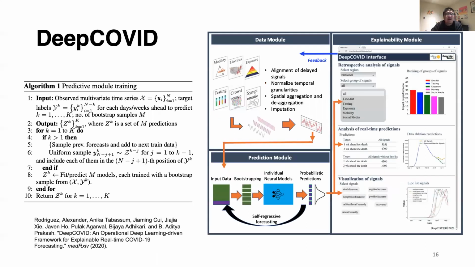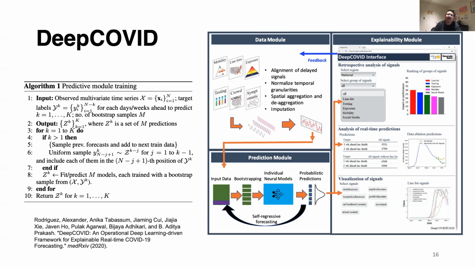So these are essentially some of the popular epidemiology models that have been leveraged in the prediction of the COVID pandemic. And clearly some machine learning components have been injected to make the model more flexible and accurate.